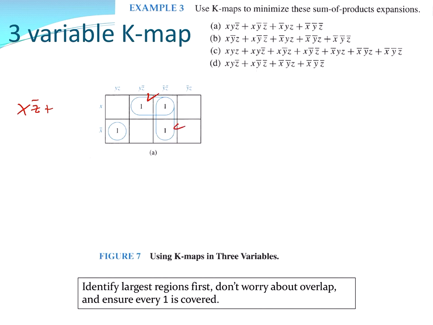For this other vertical grouping, y bar and z bar don't change. And for this third grouping of size 1, it's just going to be the min term that gives us that, x bar, y, z.